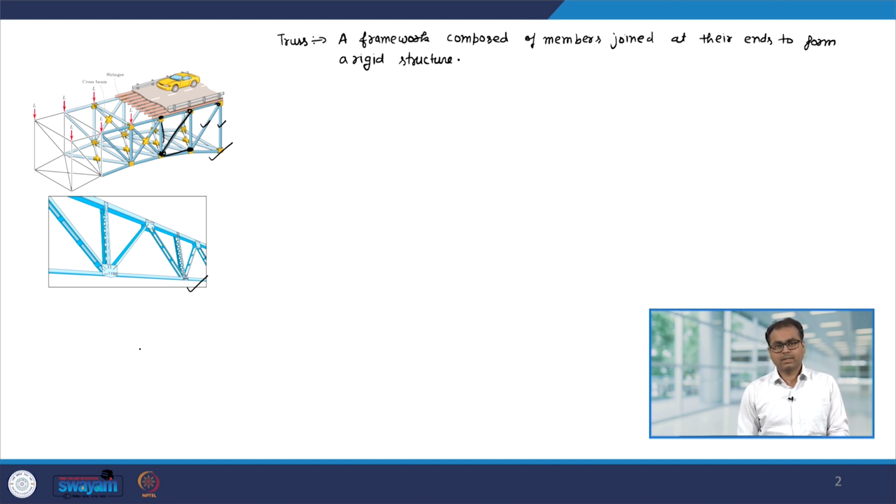What do I mean by rigid? Rigid means that this structure should not fall down.